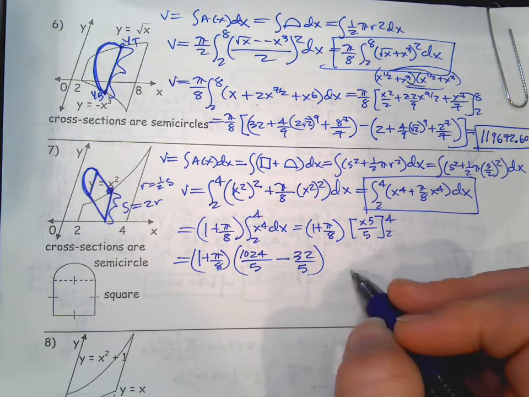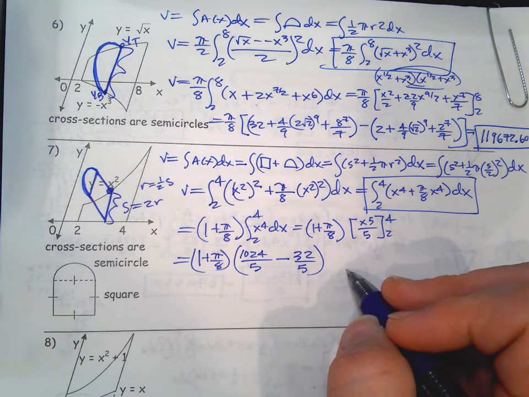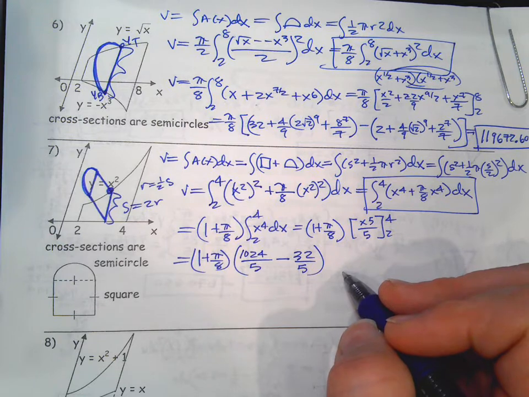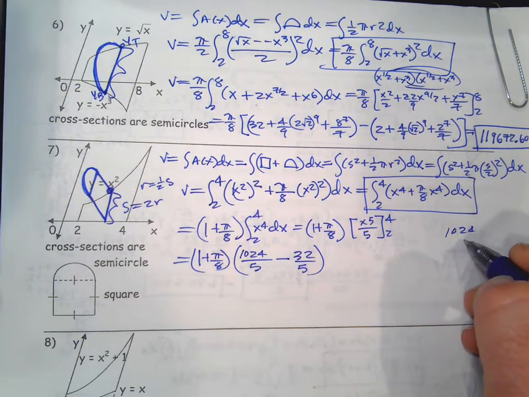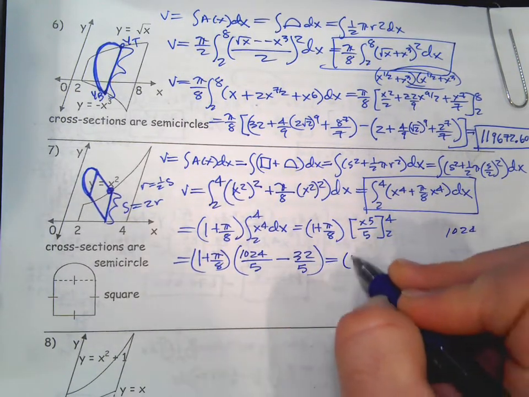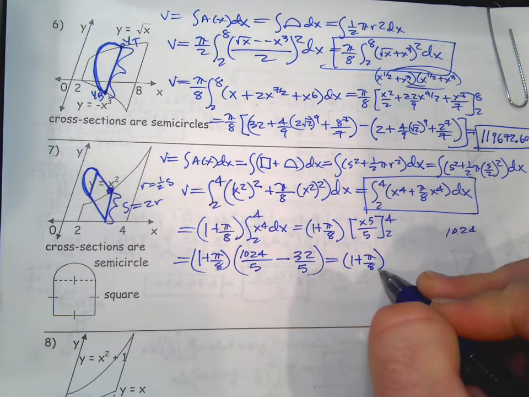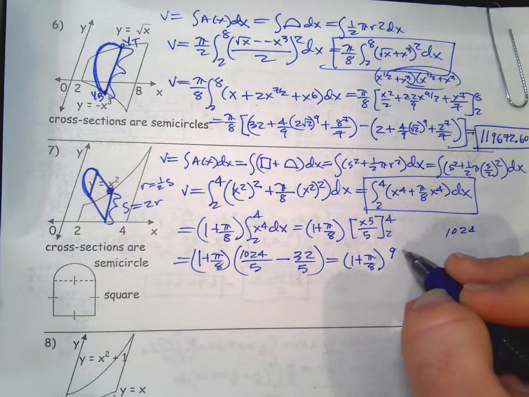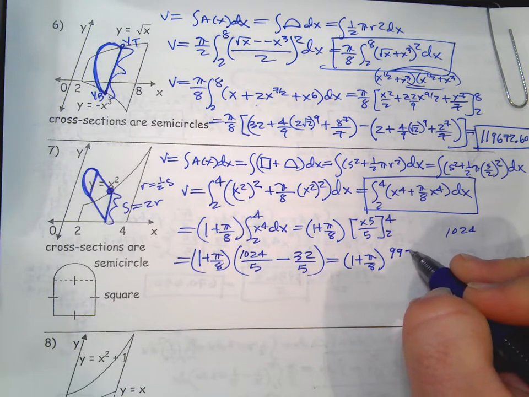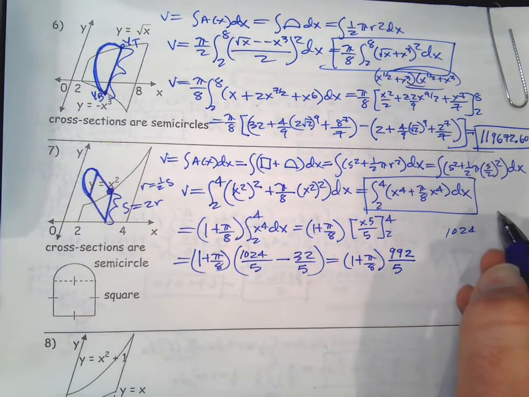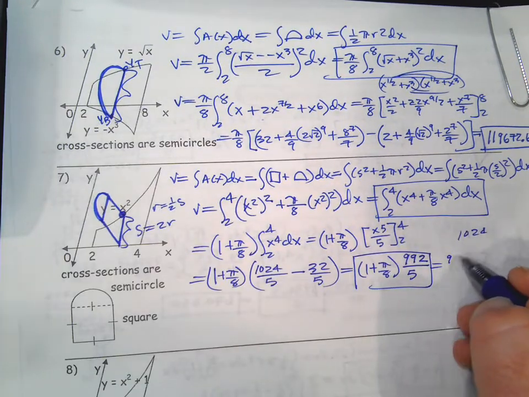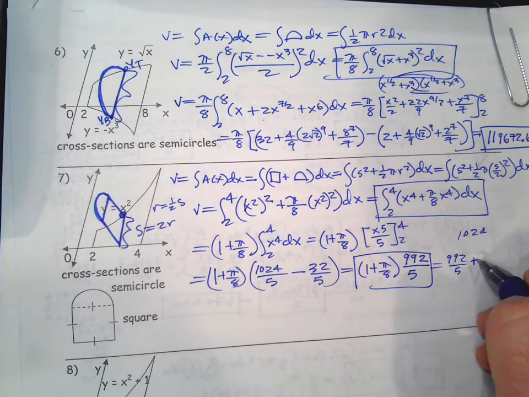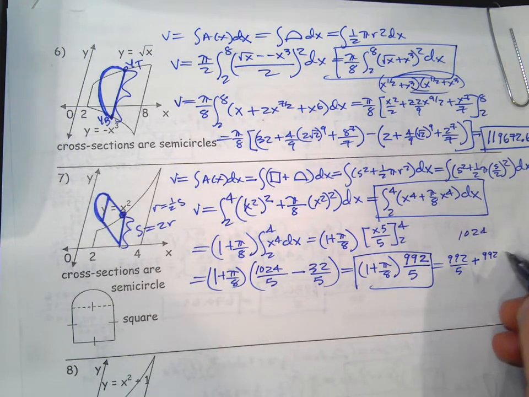All right. And we could take it further. So 1024 minus 32 is going to be 992 over 5. So I mean, this could be our answer. We could distribute 992 over 5 plus 992 pi over 40.